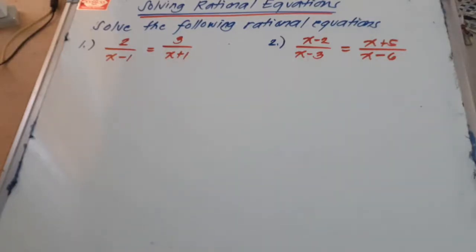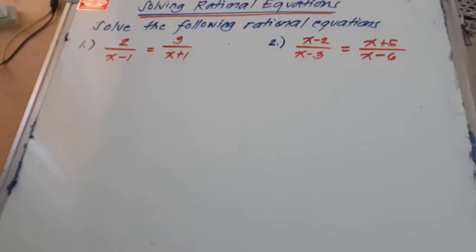So we're going to avoid values of x that will make the denominator of the rational equation equal to 0. Therefore, we have to get the restriction of x on our denominator before we solve these rational equations.